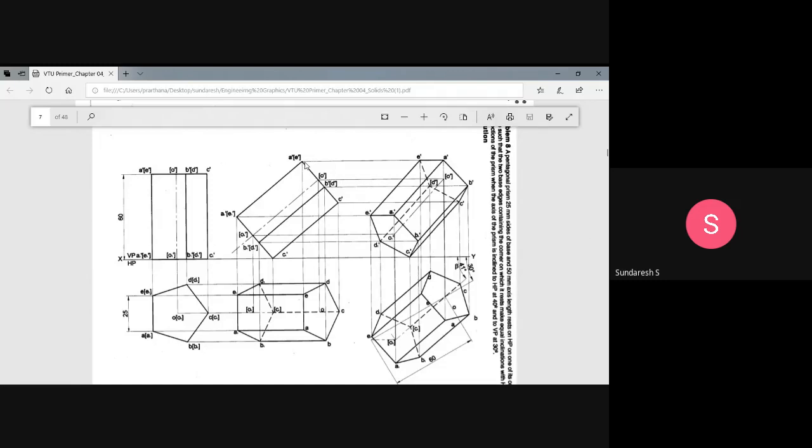The rectangular face A dash, A1 dash, E1 dash, and E dash is also nearer to the observer and hence visible. Only the edges which come out of C1 dash are away from the observer and cannot be seen, hence they are considered invisible edges in the top view.